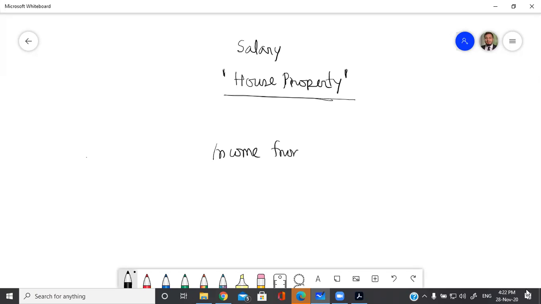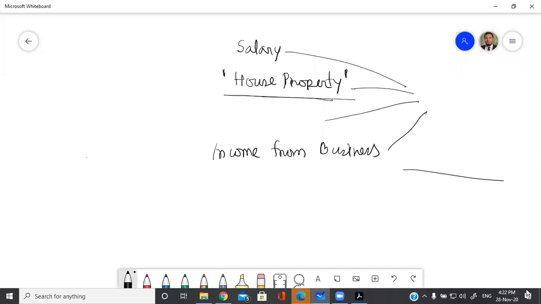Say in your income from business you have incurred loss or negative income. When as an assessee you are paying taxes, to calculate the taxable income you are taking income from salary, house property, interest on securities, income from business, and you are summing all of this income to calculate your total taxable income.